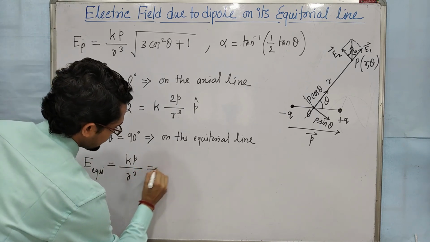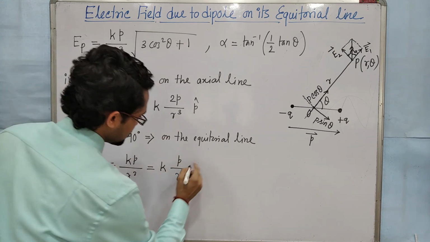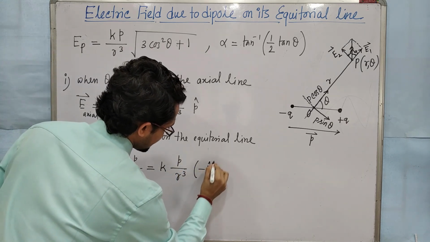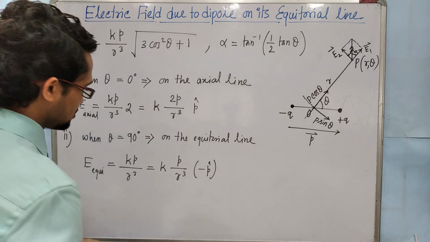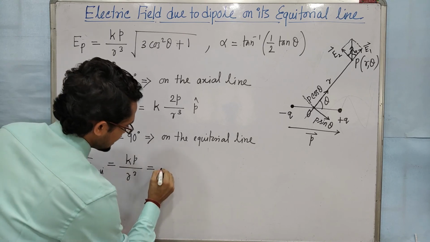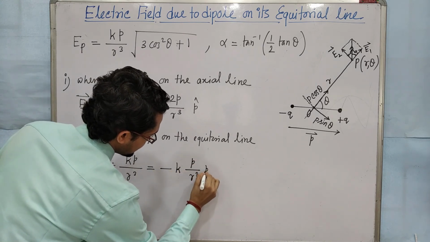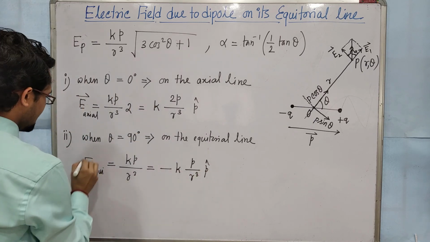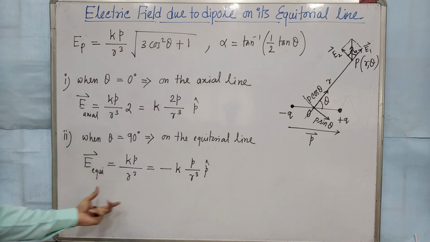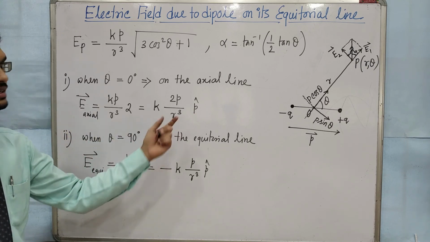This was our formula, with direction minus p cap. So you can write it properly: minus Kp by r cube p cap.